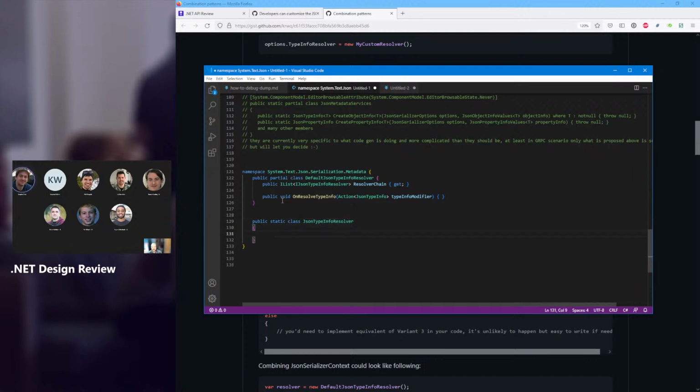This also goes back to, I forget exactly in what context we were discussing it, but maybe a month ago we had another one of these reviews and we were talking about such combinators. Maybe we didn't even have the default resolver type yet, and you could have achieved it if we only exposed the combinator, but we decided not to for simplicity or something.